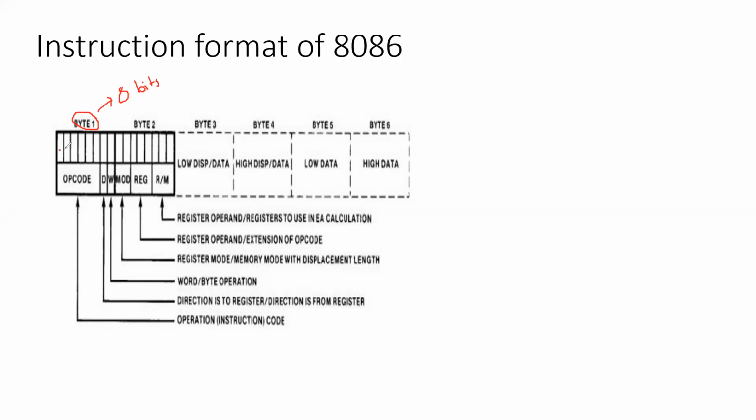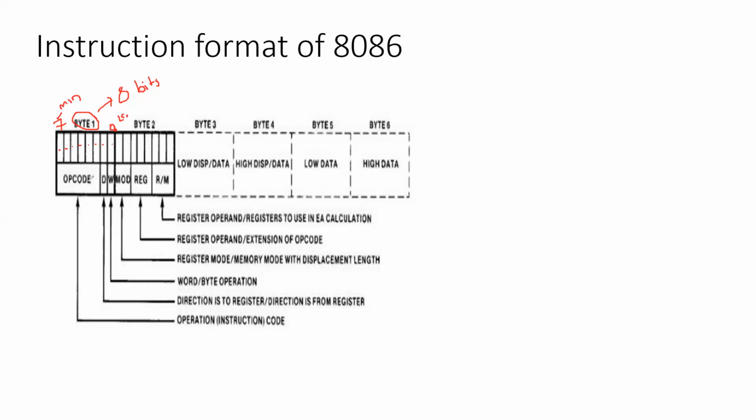Here you can see bits 1, 2, 3, 4, 5, 6, 7, and 8. Generally we count from 0 to 7. This is the 0th bit, which is the LSB, the least significant bit, and the 7th bit is the most significant bit.